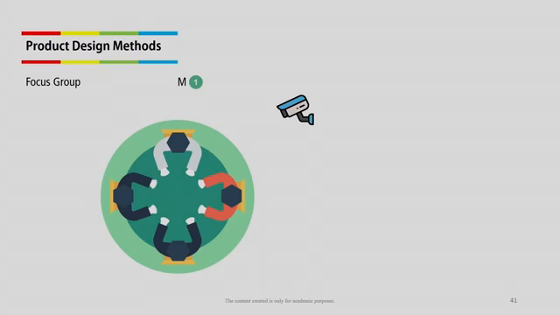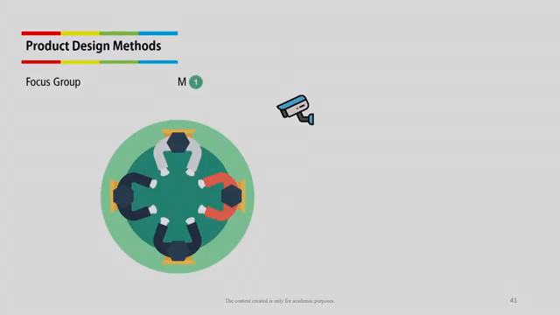For example, if you need to know about toys, you will call parents and we will discuss their experience with the toys. Then parents will be discussing their experiences. It may be a good or a bad experience, and from those experience stories you will get some data which will lead you to a new product.